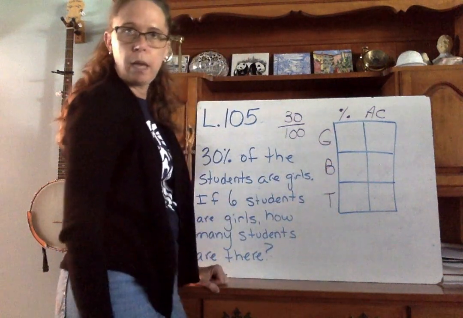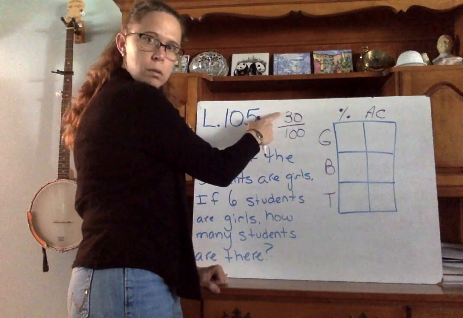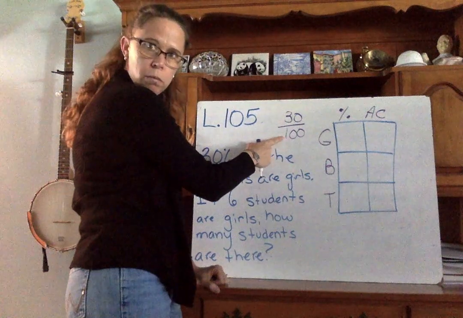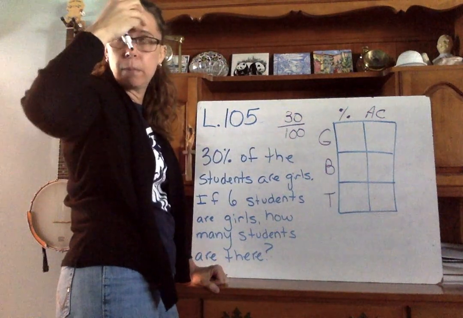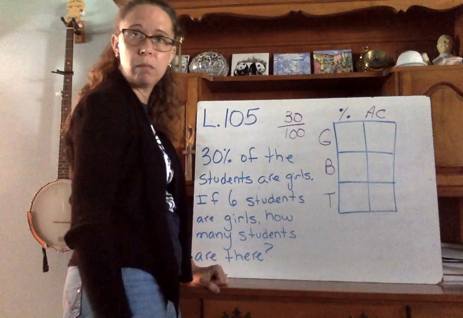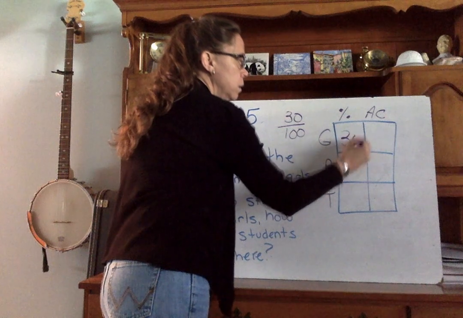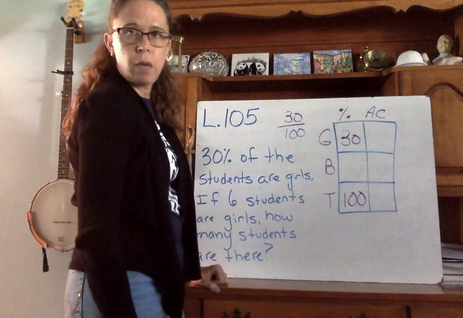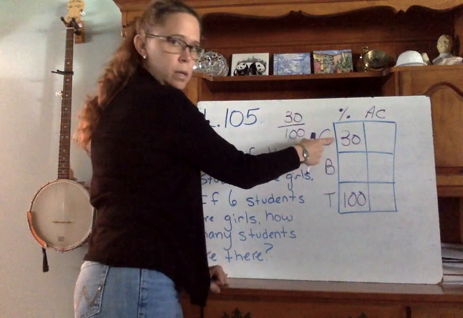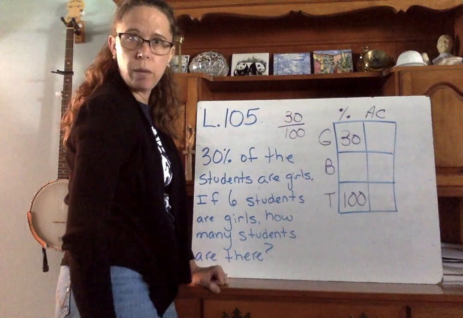Okay? Now, this right here tells me how many girls and the total. So once I know one piece of information about my percent category, I can fill the whole thing in. Girls in the percent means 30 out of 100 total. If I know this part and I know the total, I can figure out the boys by subtracting 30 from 100.